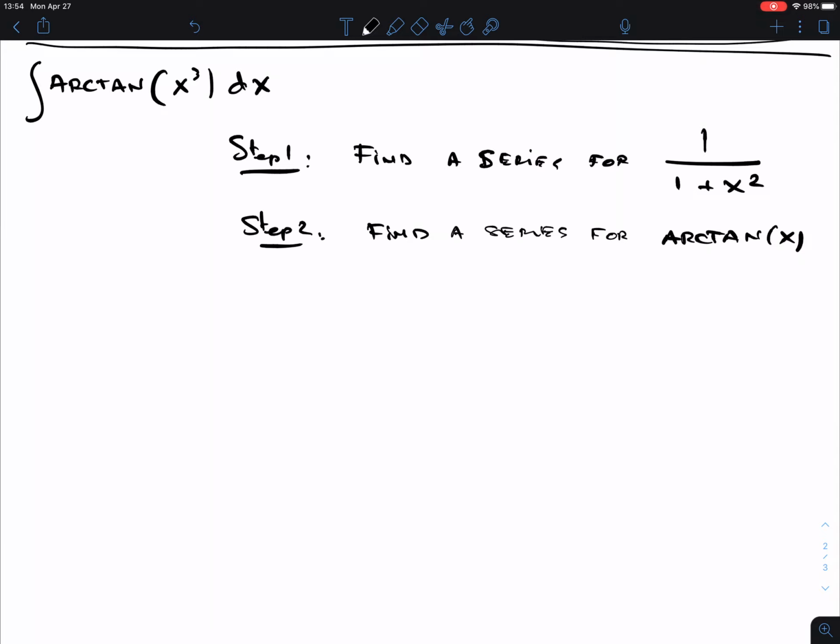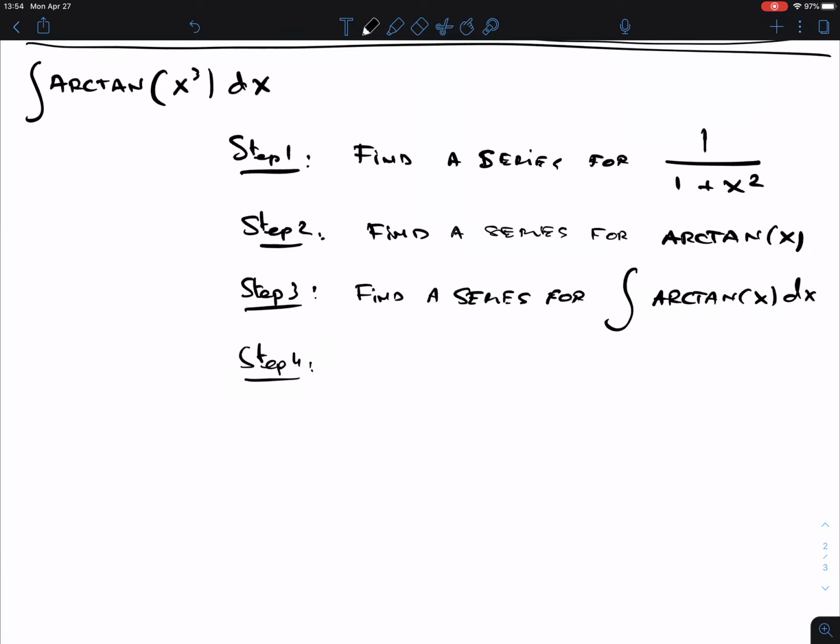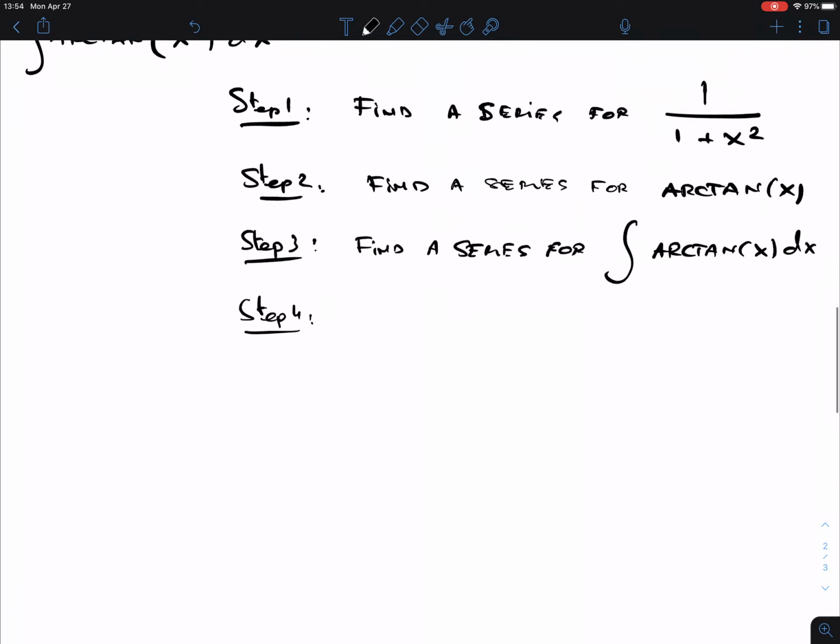Now, you might say, I don't see what step 2 has to do with step 1, 3, or whatever, but they have this to do with each other. Bear with me, okay? Then, find a series for the antiderivative of arctangent of x dx. And step 4, I should warn you, in the book they combine step 3 and 4 in one single step, but I like to put it as 2 different separate steps in a slightly different way.